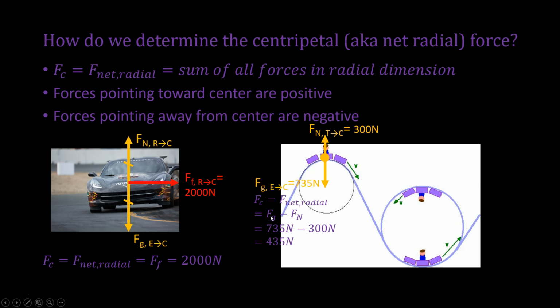So we take the forces pointing towards the center, in this case the gravity force, and we subtract the forces pointing away from the center, and that's the normal force. So in this case, the centripetal force is 735 newtons minus 300 newtons, and our centripetal force is 435 newtons.